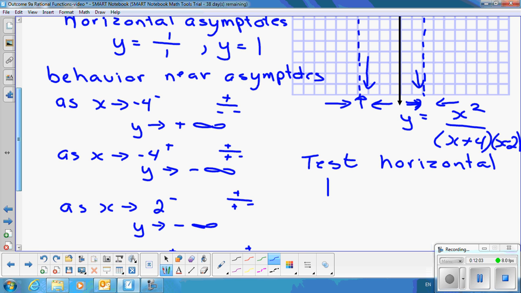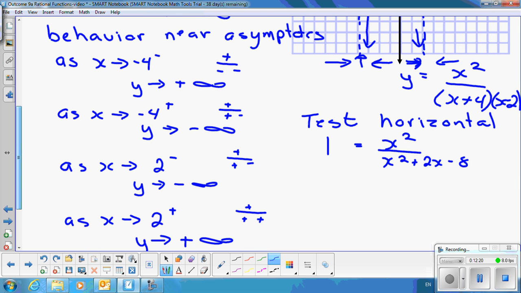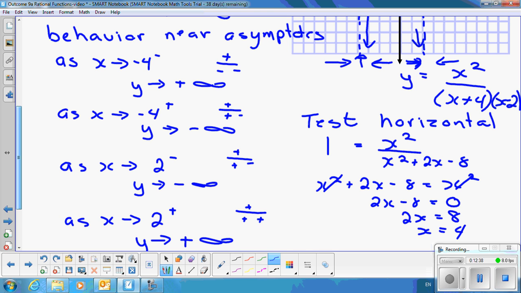So I have 1 equals x squared over, and I'm going to use the non-factored form of the bottom, which is x squared plus 2x minus 8. If I cross multiply, I end up with x squared plus 2x minus 8 equals x squared. Our x squareds will cancel out, and I have 2x minus 8 equals 0. So 2x equals 8, or x equals 4.